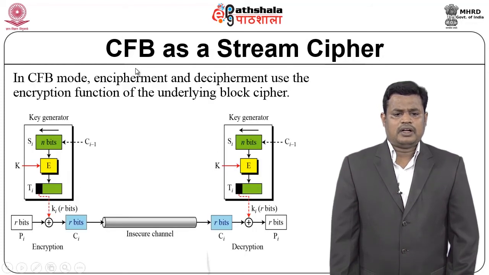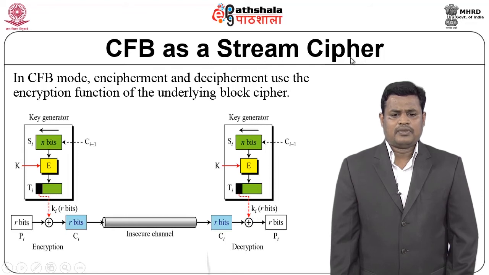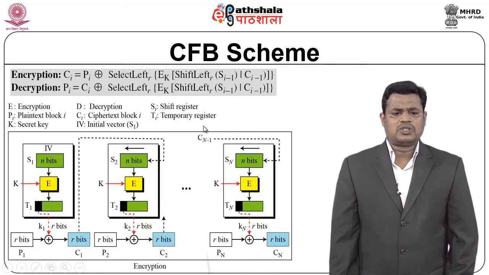Then here, cipher feedback is used as a stream cipher, because if I take a block cipher, it slows down the particular process, since each and every time I have to consider the plain text. In addition, I am not taking the plain text into the encryption process.